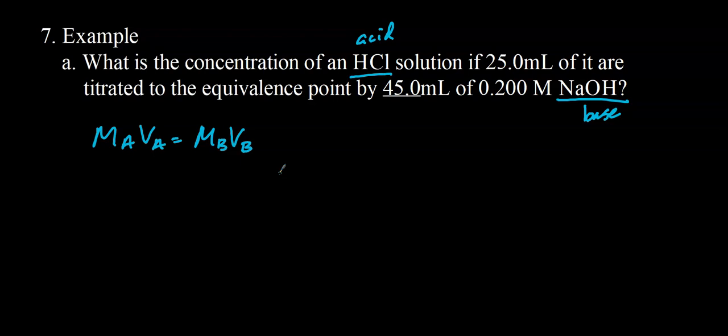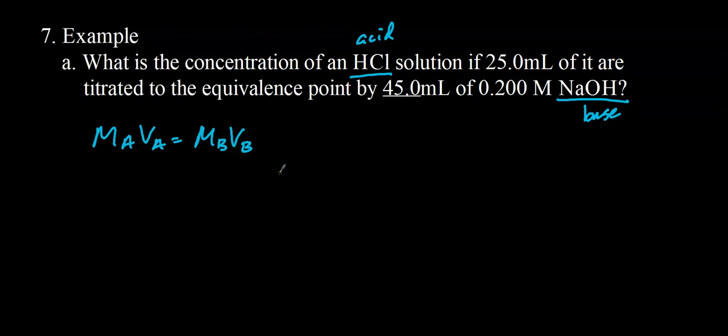That's the equation we use for dilution. Well, not exactly. For dilution, the chemical composition of the solution doesn't change, just the concentration and volume does. Here we're comparing different substances, acid and base. So please do not label this M1V1 equals M2V2. It's MAVA, moles of acid, equals MBVB, moles of base. All right, think about what we're solving for, rearrange the equation, and do this calculation.